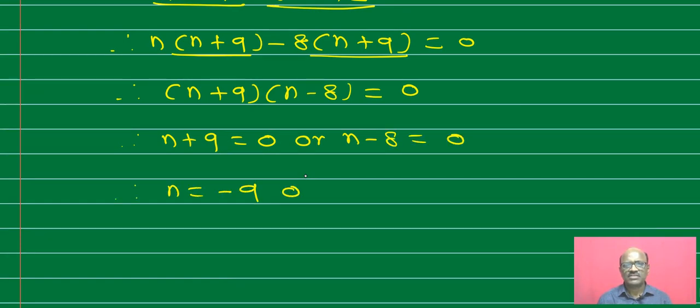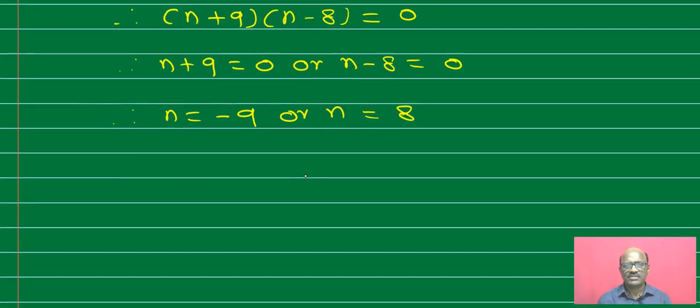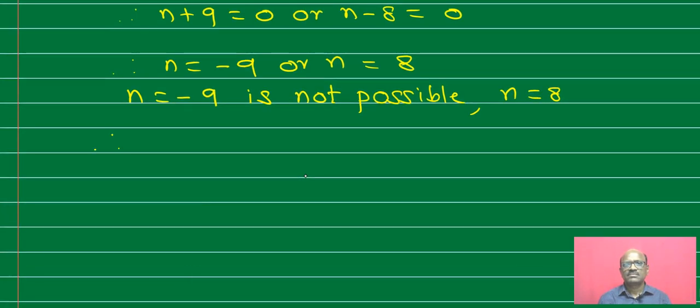Therefore n is equal to minus 9 or n is equal to 8. n is equal to minus 9 is not possible. Therefore we take the value n is equal to 8. And hence the value of n is 8.